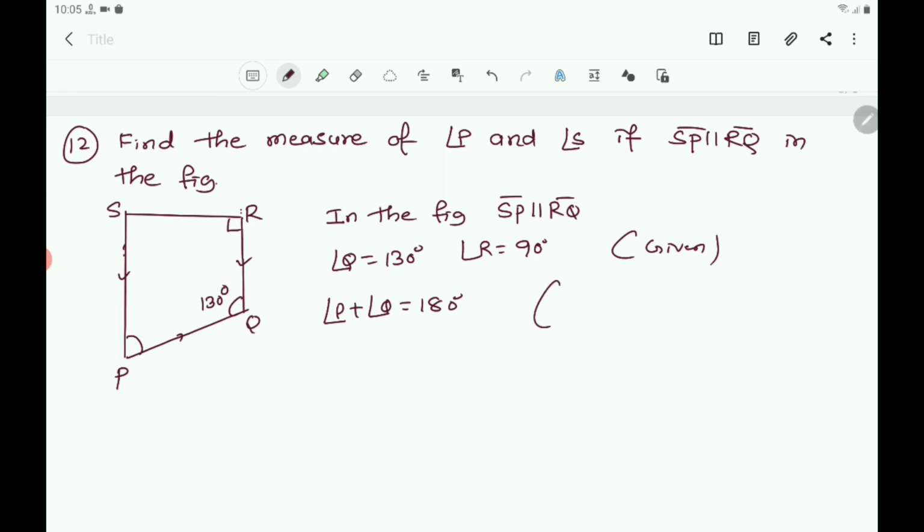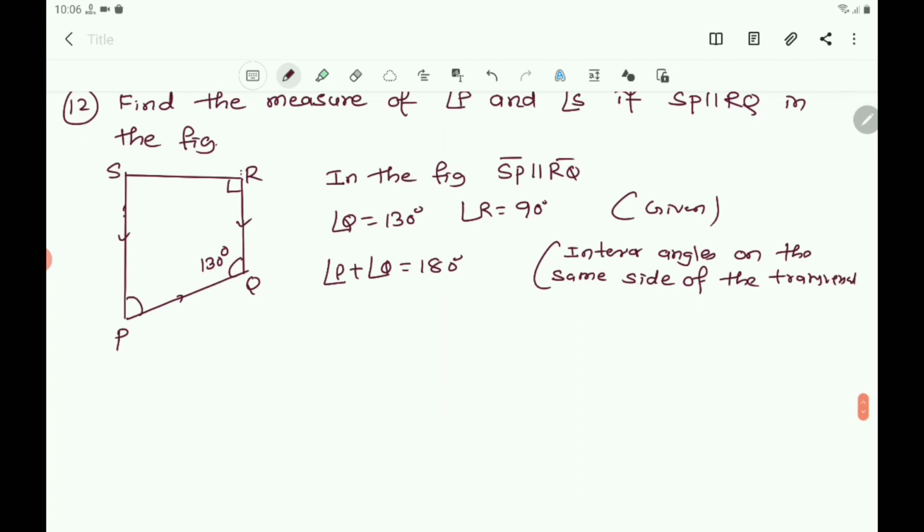So you write interior angles on the same side of the transversal PQ.